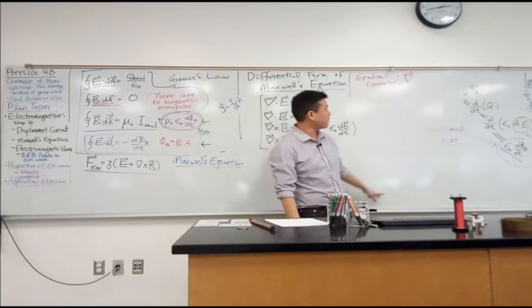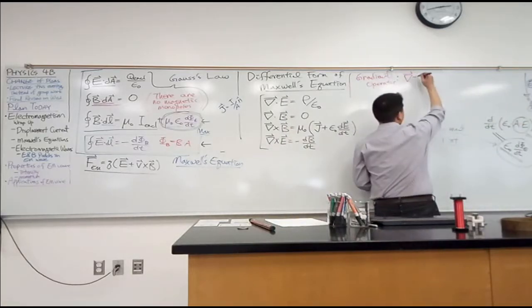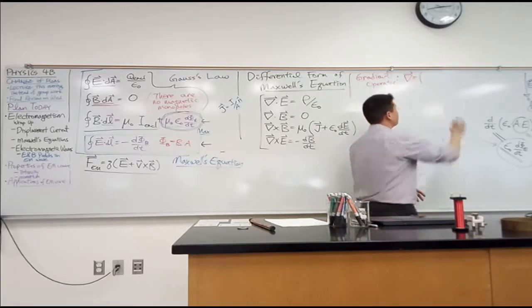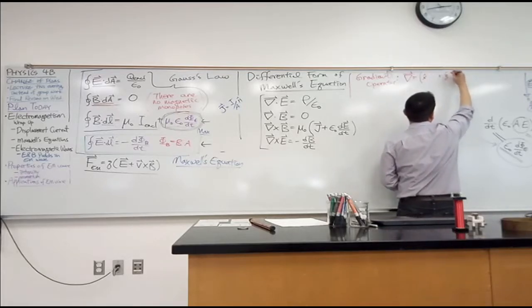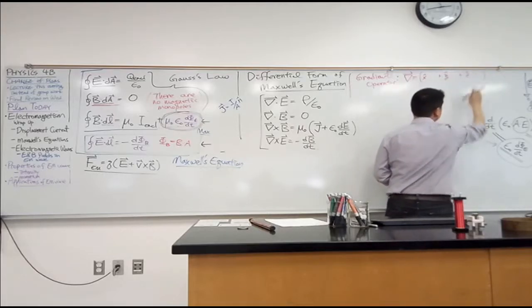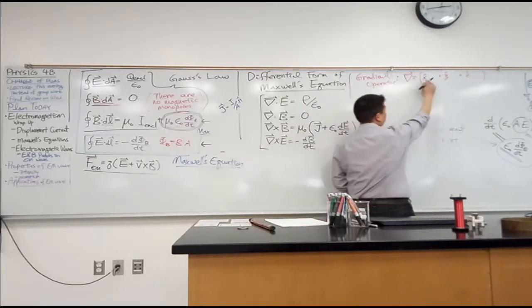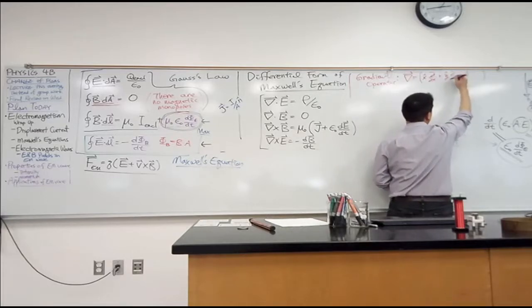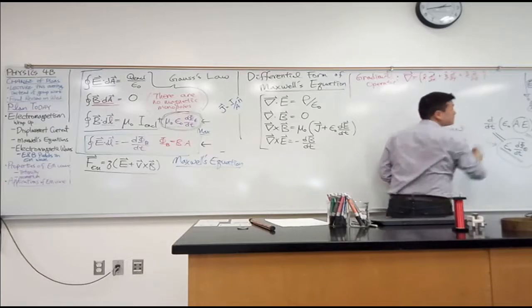Let me write down its form in Cartesian coordinates. It has 3 components: x hat, y hat, plus z hat. And each of these components is the partial derivative operator. The x component is the derivative with respect to x, the y component is the derivative with respect to y, and the z component is the derivative with respect to z.